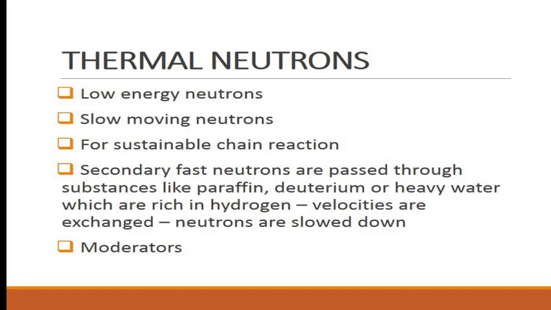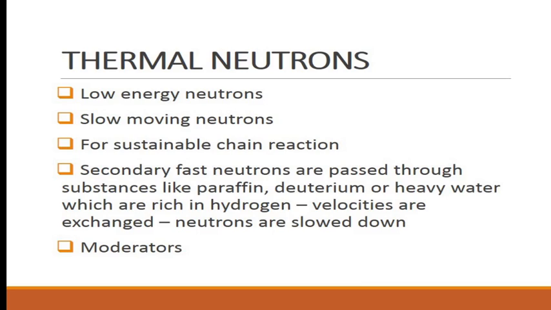See, initially we are having a neutron, isn't it? Now as the fission process continues, more and more neutrons are produced. Those neutrons are known as secondary neutrons, but those neutrons will be very fast. That's why we are saying energy is released in a very short time.